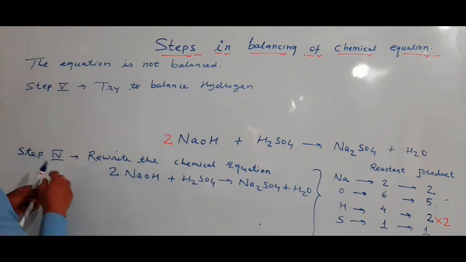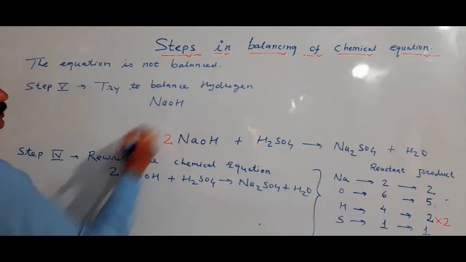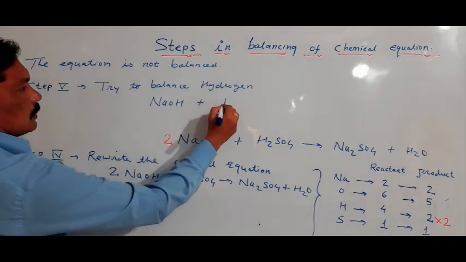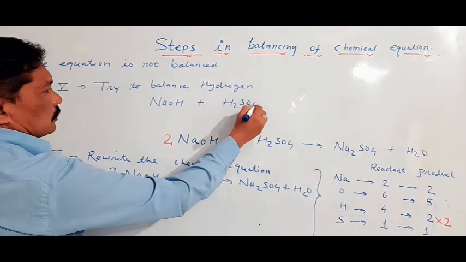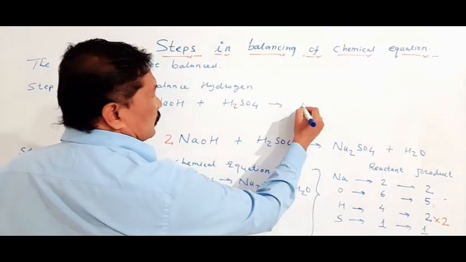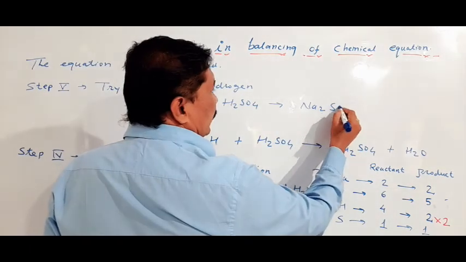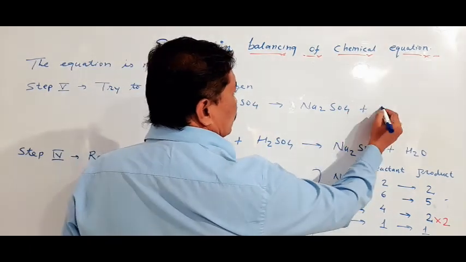The equation is NaOH plus H2SO4 gives Na2SO4 plus H2O.